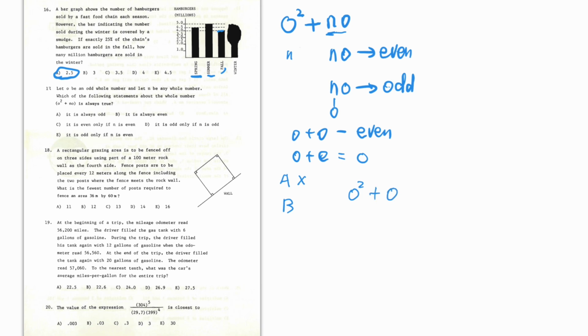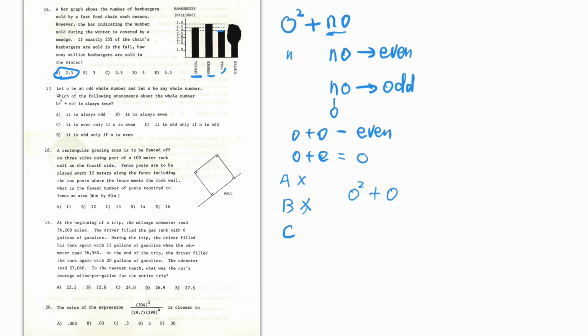Odd plus odd is even. But if N is even, NO will be even. Even plus odd definitely gives us odd, not always even. B is wrong. C, it is even only if N is even.